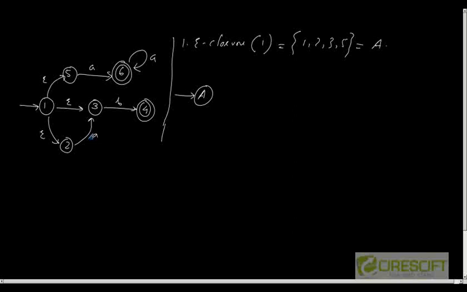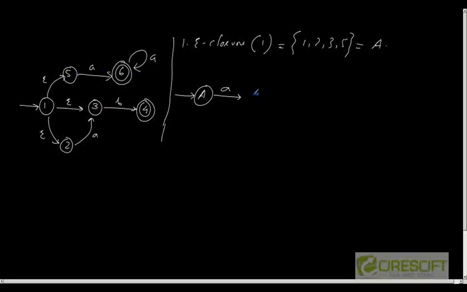Okay, now with A in hand, suppose I want to see what will be the effect if I consume symbol a. So from any of these states which are present in A, I need to see what is the transition. So from 2, after consuming symbol a, I can reach 3, and from 5, after consuming symbol a, I can reach state 6.